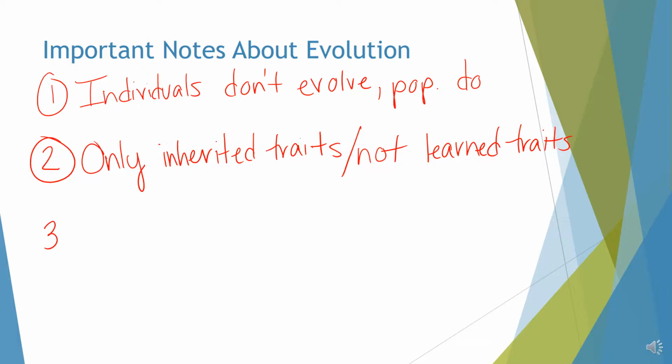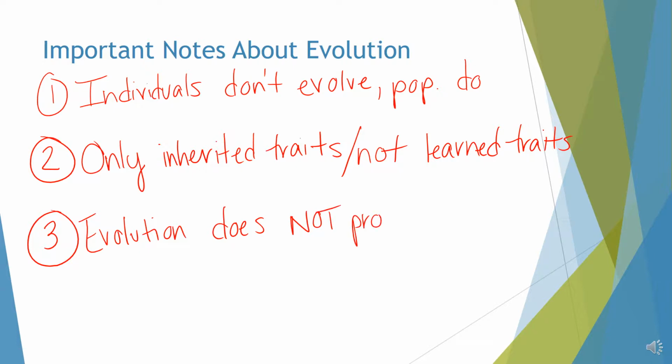And the third thing, which I've already mentioned, is that evolution does not produce perfect organisms.